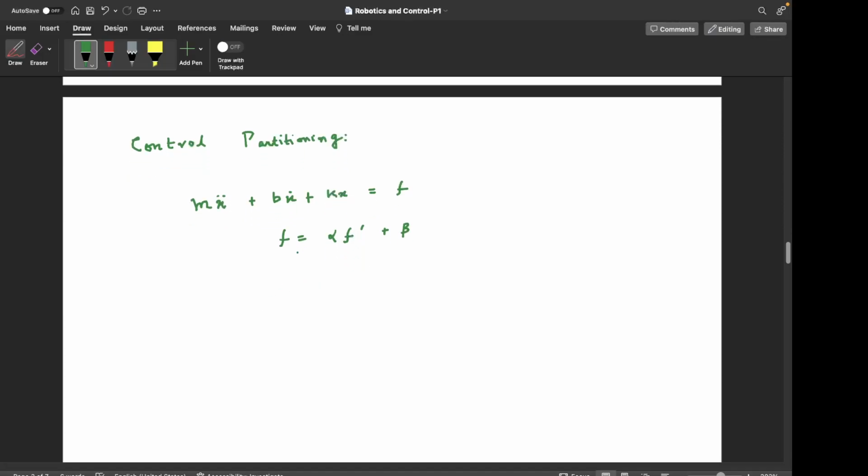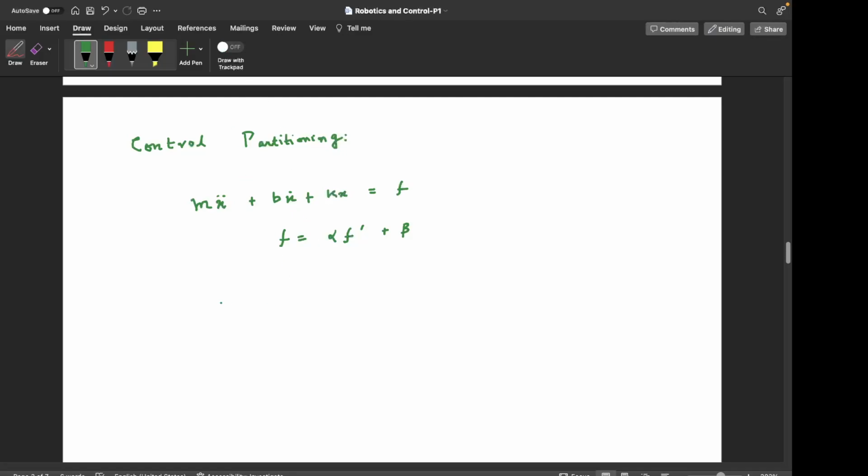So alpha and beta are some parameters which we can choose, right? We would choose alpha and beta such that when we put alpha f dash plus beta in the first equation, this equation reduces to an equation of a unit mass, right? And what's the advantage of using that, we will see, right?